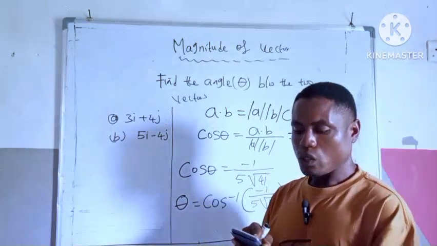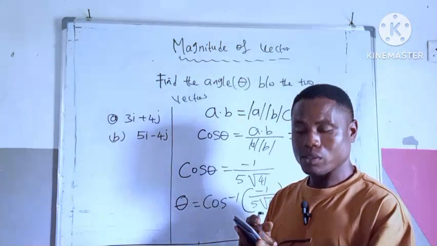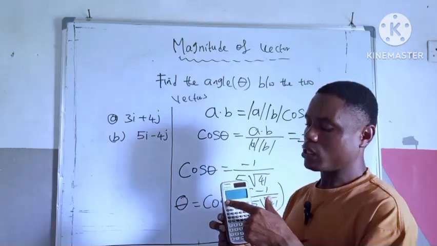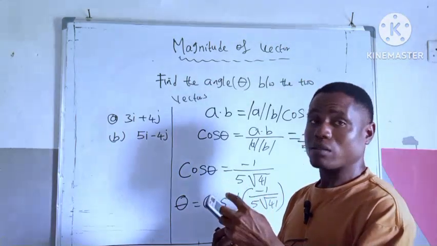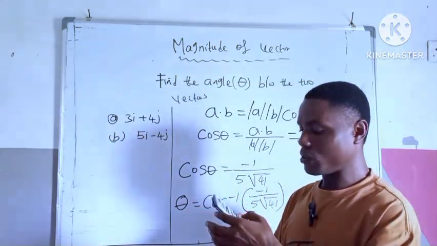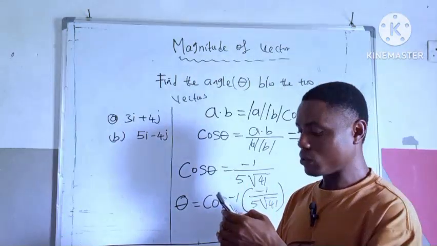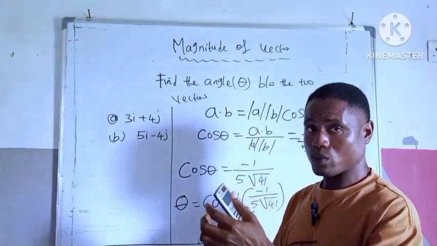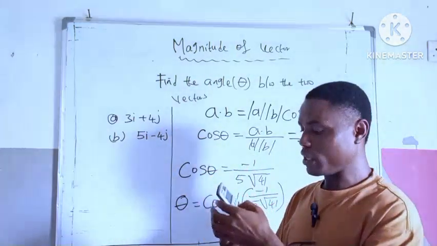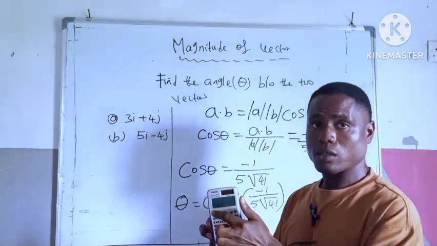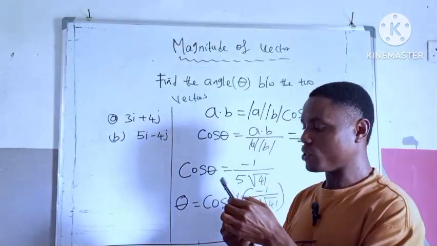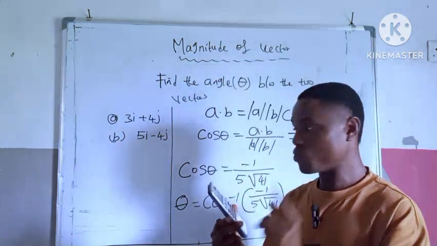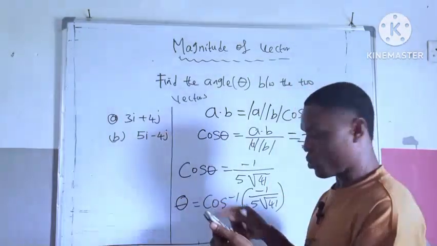On your calculator, you will press shift. Check the top side by your left, you will see where the shift is, okay? Press it once and leave. Then you now press cos.